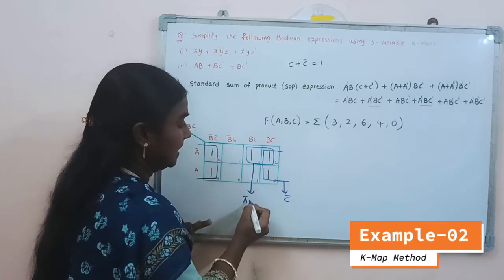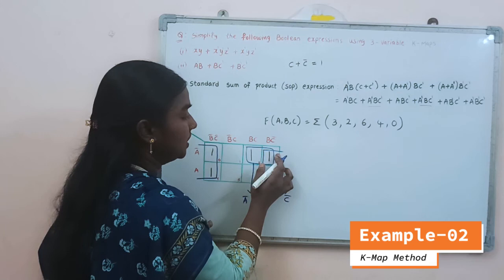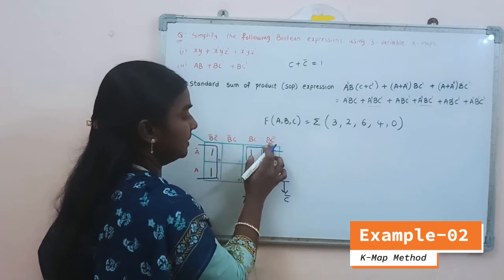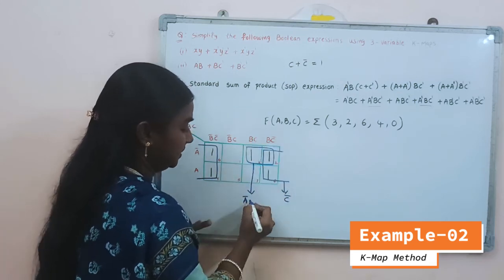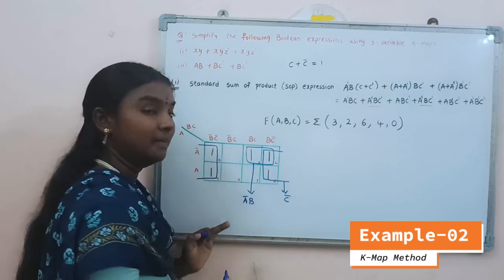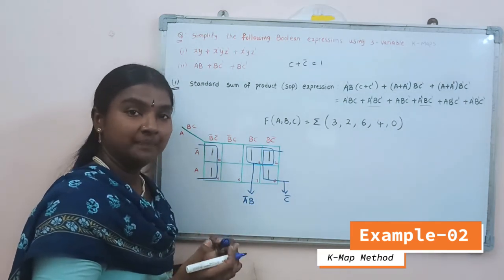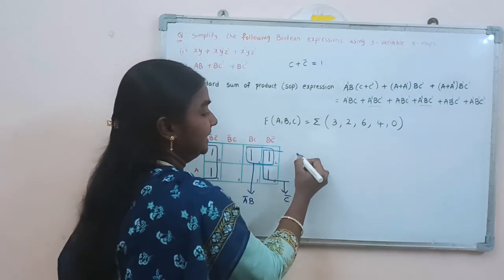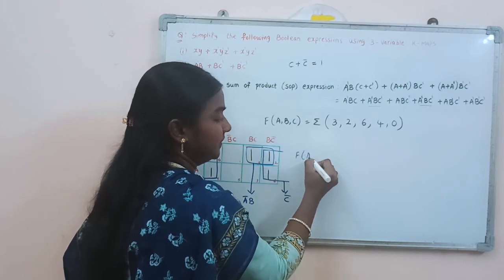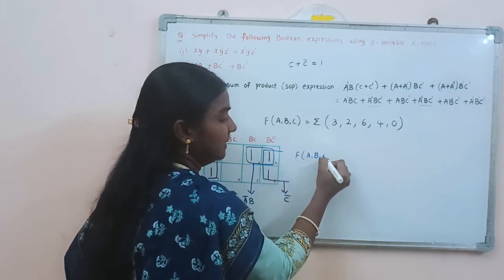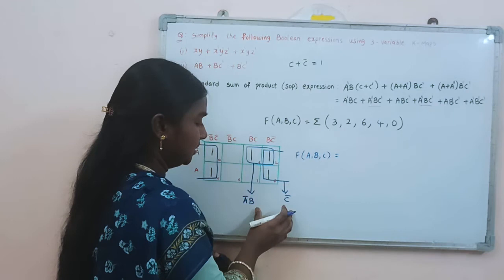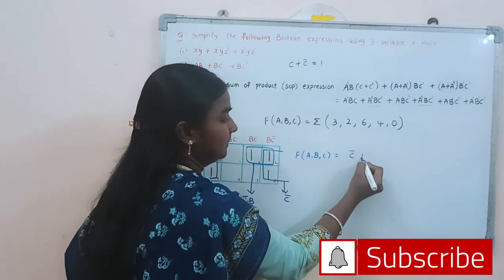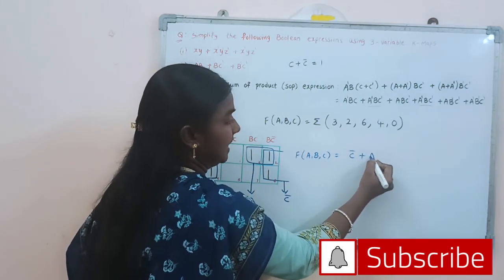Third column and fourth column, if we observe, b variable is common, c is changing. So take a bar and b. Finally, the simplified expression function of a, b, c will be equal to c bar plus a bar b.